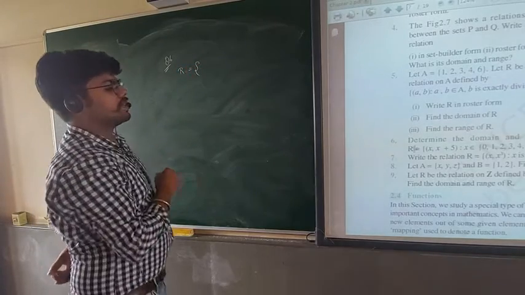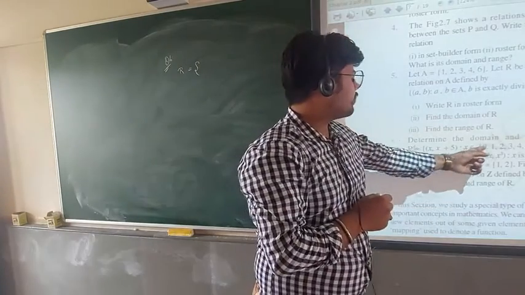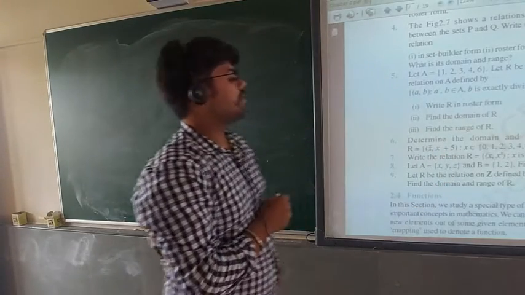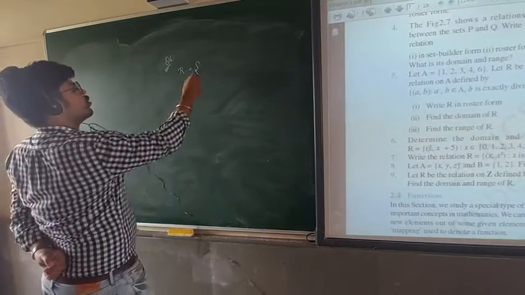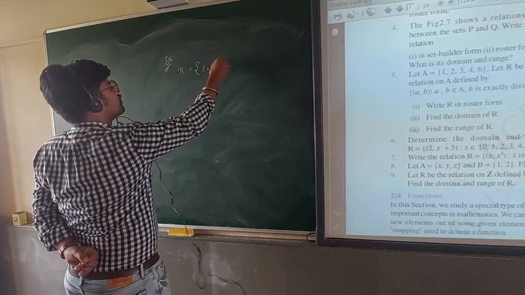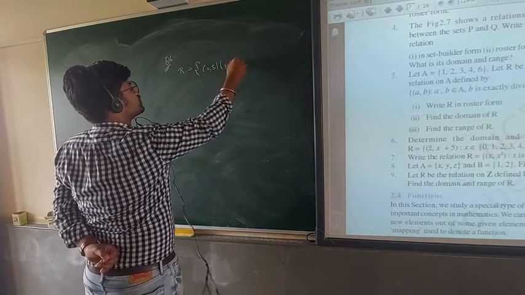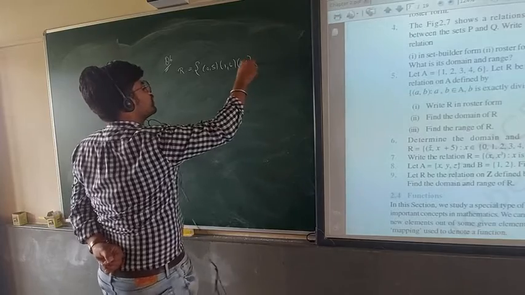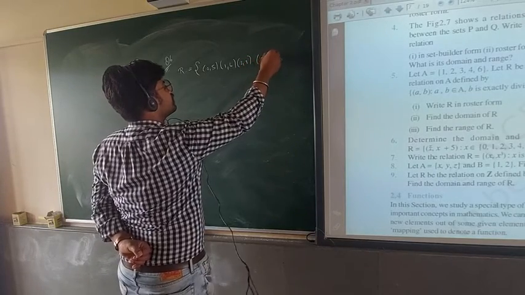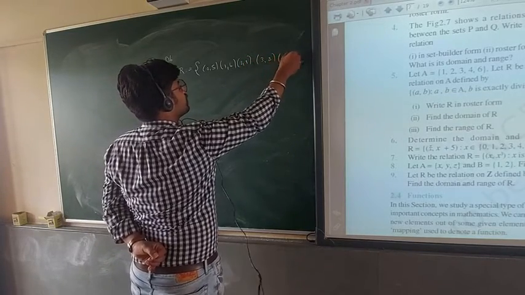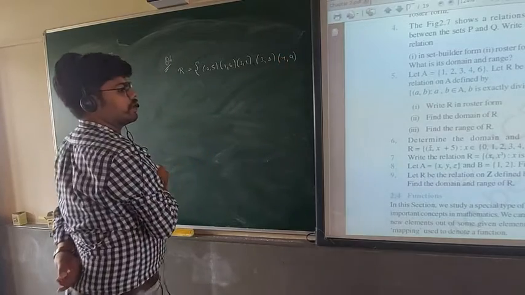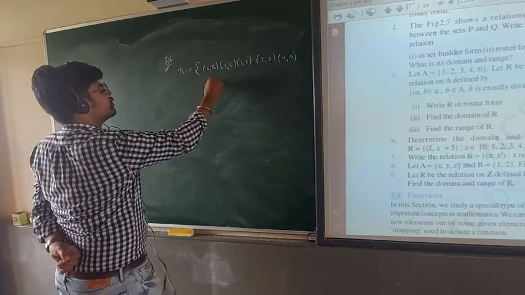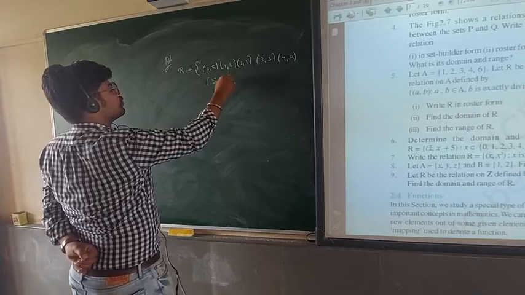If I put 0, then (0, 5) we get. If I put 1, (1, 6), (2, 7), then (3, 8), (4, 9) and (5, 10). These elements you can put.